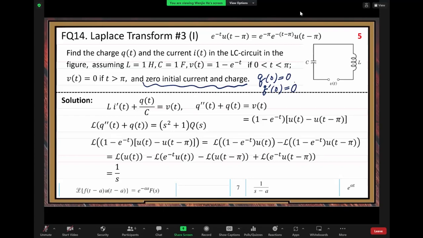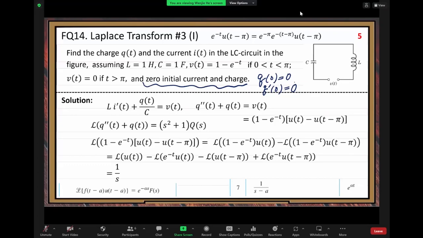Second term, still the same function, but a is 0. The f function is the e to the negative t function. A is 0, so this e is gone. We only need to calculate the capital S Laplace transform of e to the negative t. For e to the negative t, a equals negative 1, so the Laplace transform of this function equals 1 over s minus a.